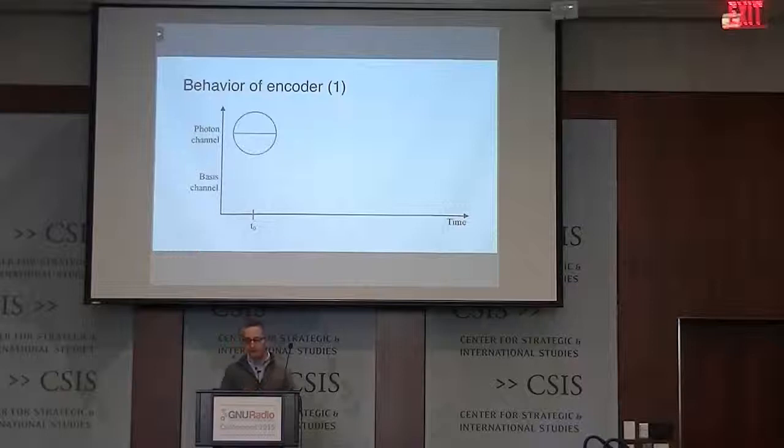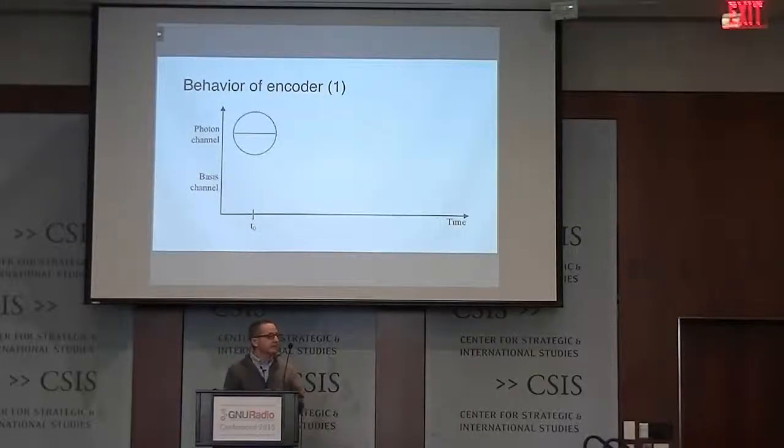We have time going horizontally, and the two synchronous channels represented vertically: the photon channel, and the other synchronous channel to which I'm going to send the basis. The photon channel is used to establish the secret bit string between the encoder and the decoder. And of course this channel can be intercepted, so we have to think in terms of that.